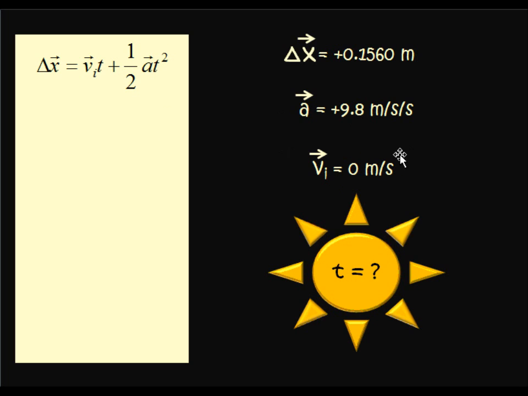Initial velocity is 0 meters per second. If we plug 0 in for initial velocity here and multiply it by t, 0 times anything is 0. So this middle term, initial velocity times time, goes away.